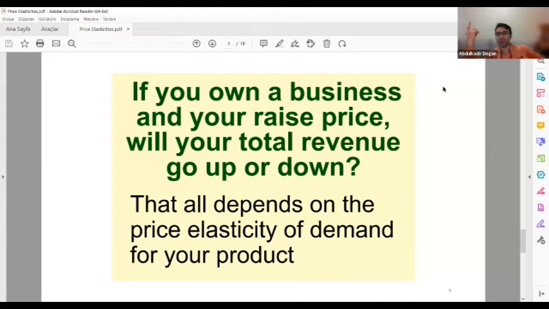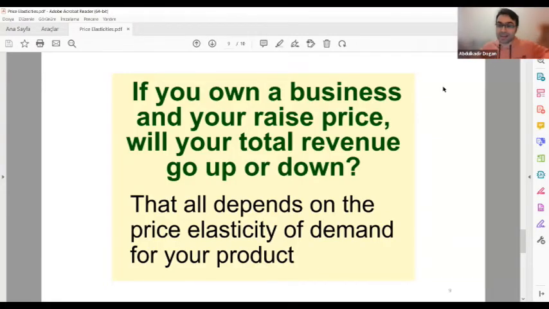If you own a business and you raise the price of your product, will your total revenue increase or decrease? Suppose I have a product, and I'm selling each unit at, let's say, $10.